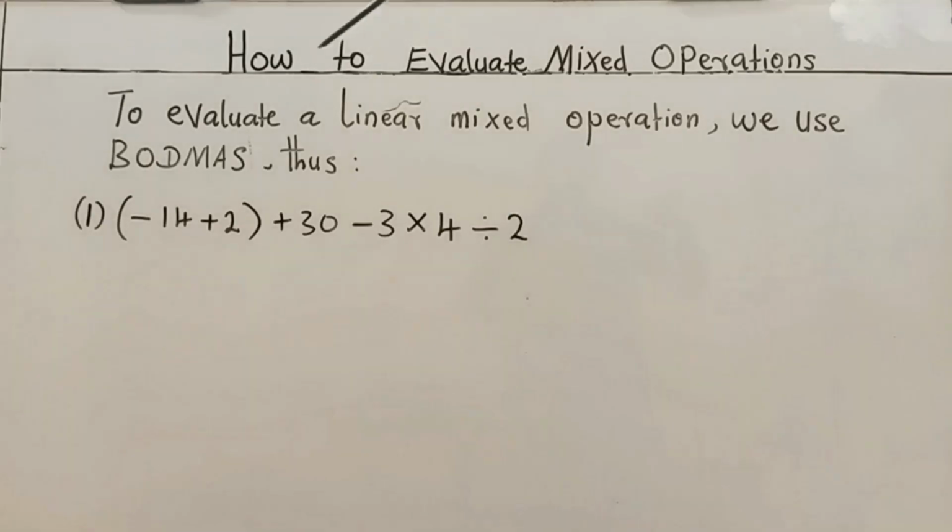Again, we say to evaluate something like this, we use BODMAS. We learned BODMAS before now. It is a mnemonic, an acronym that was adopted by early arithmeticians who met a challenge in evaluating numbers in their operations. What was that?